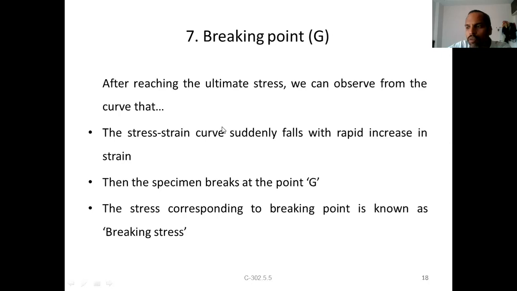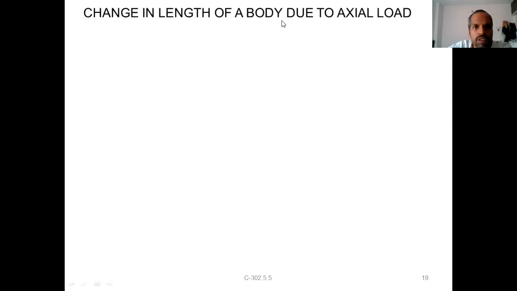Corresponding to yield points, the yield stress. Corresponding to the ultimate point, the ultimate stress. And corresponding to the breaking point, the breaking stress. Accordingly, we have to calculate the stresses. So this is about the stress strain diagram.